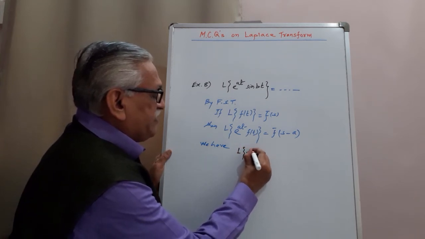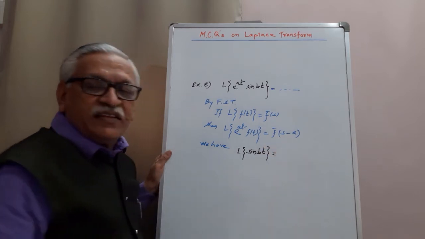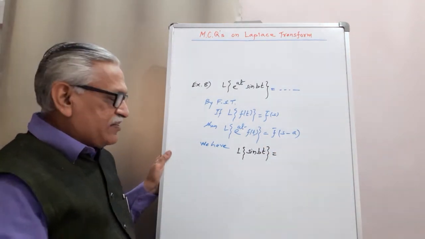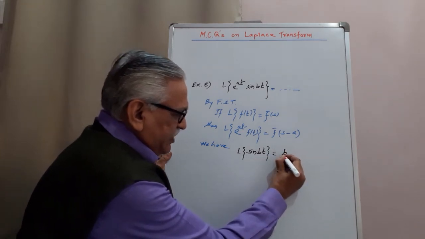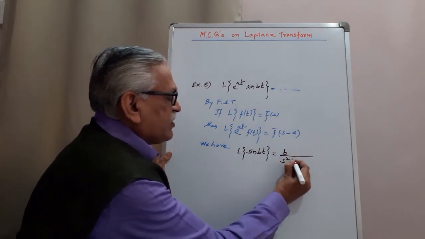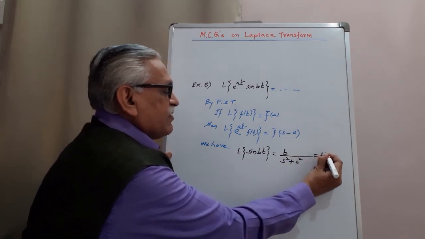And here we have Laplace of sine of bt. Applying the standard result of Laplace transform of sine of at, it is a upon s square plus a square, here a means b, so b upon s square plus b square, and we call this f bar of s.